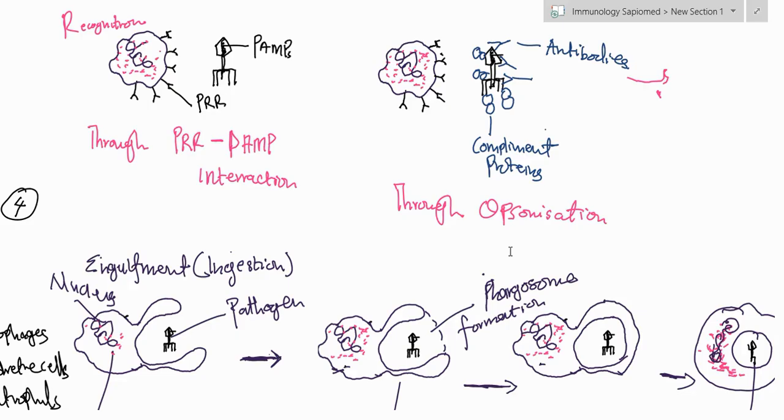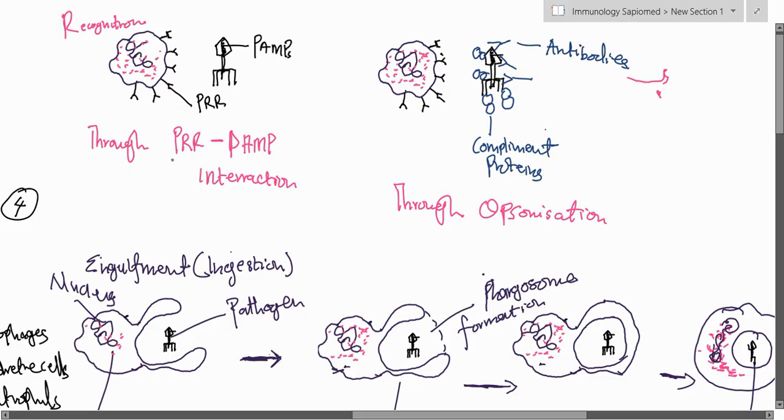Once they identify the pathogen-associated molecular pattern, they go to them, they bind to them, they initiate their engulfing properties, and then they finally engulf and digest the pathogen. So the first way of recognizing the pathogen is through the PRR-PAMP interaction. That is pattern recognition receptor and pathogen-associated molecular pattern interaction.